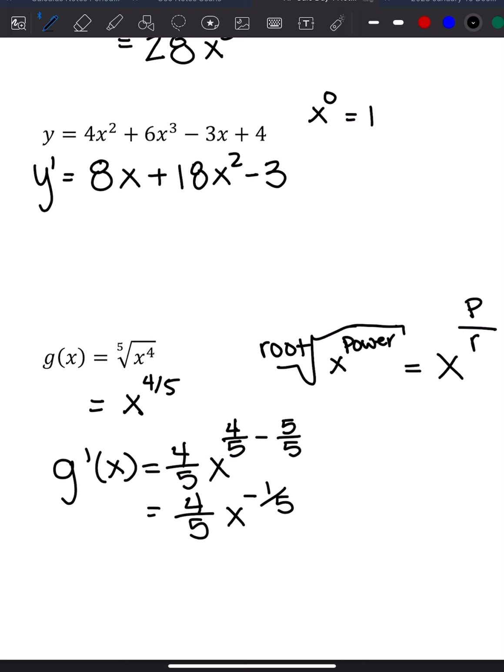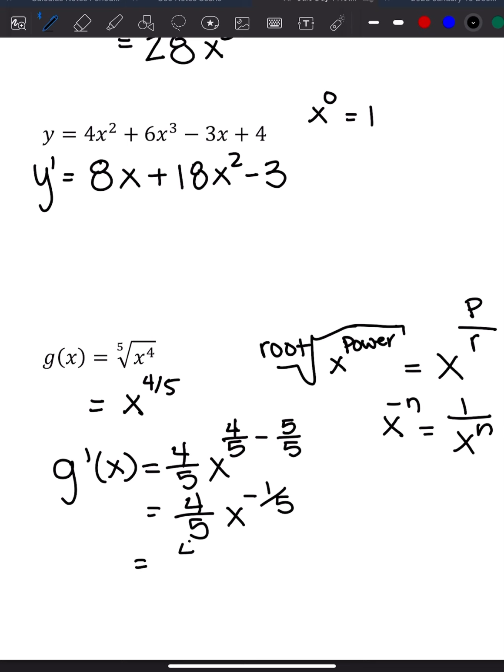So if we need to move it back, one thing that we need to know is we have a negative exponent. So I'm going to take that negative exponent and move it to the bottom of our fraction, because if I have x to the negative something, that's the same thing as saying 1 over x to that something.